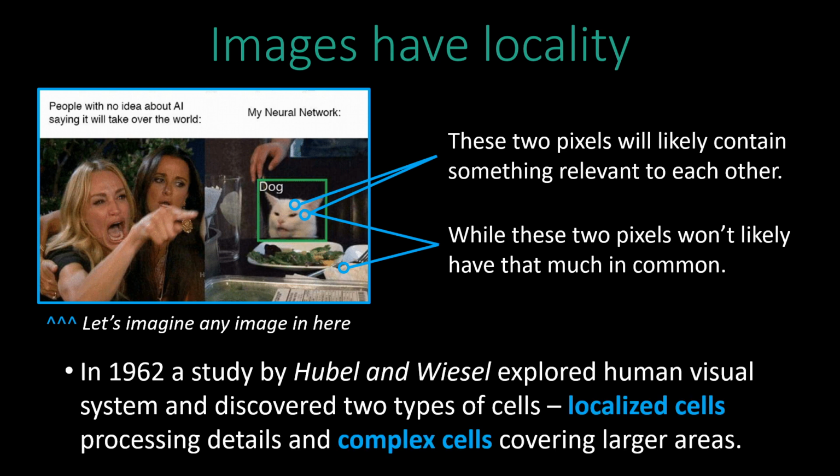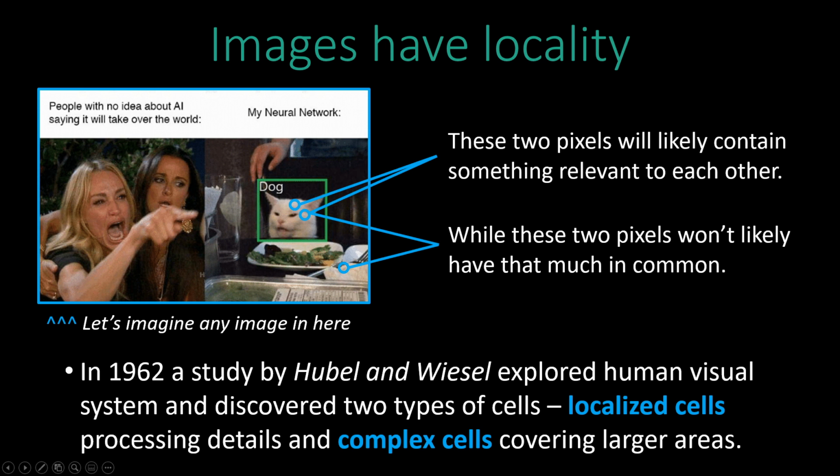Okay, so this all feeds into some studies made in biological sciences, where in 1962 there was a study on the human visual system, or animal visual system, and they discovered two types of cells. One type was localized cells, which were firing when some sort of detail was present in the image, so they were processing details.